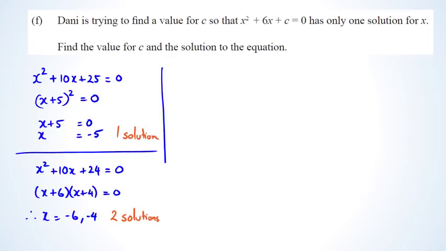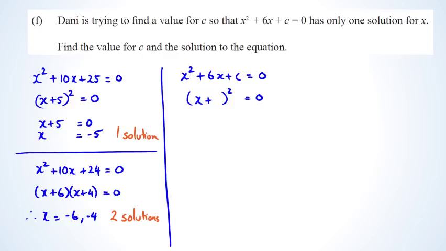Once you get that, what you're really trying to say is x squared plus 6x plus c equals 0, and you want to write it so that it looks like a perfect square: x plus something, squared.